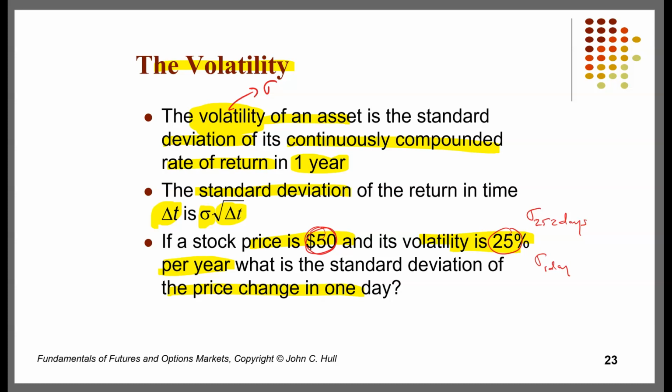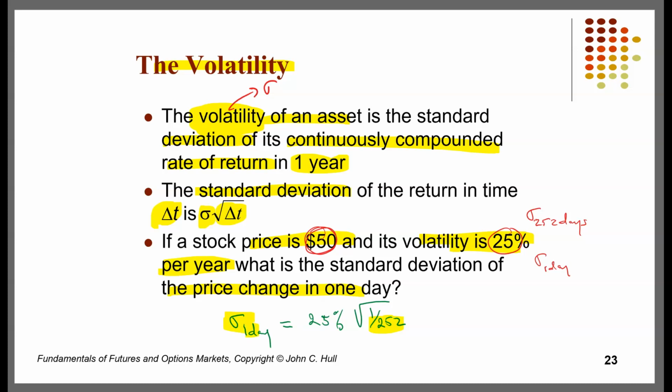So in this case, our 1 day standard deviation is going to be equal to 25%, which is the n day standard deviation, multiplied by the square root of 1 over 252. And 252 is used here because we're working with the number of trading days in the year. Essentially, that's how you'll find your 1 day standard deviation.